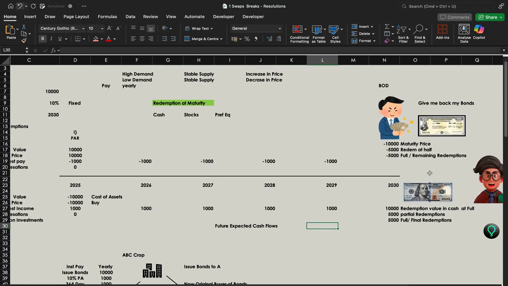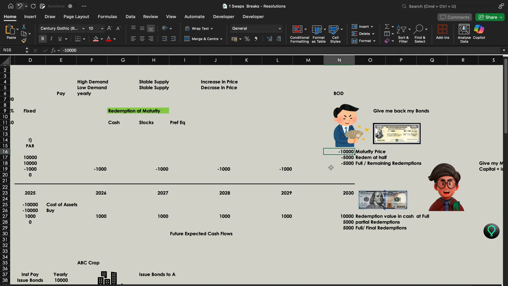And at the time of maturity, the company pays the full amount, 10,000, in cash and buys the bonds back. At the time of maturity, technically what happens, guys? The company buys the bond back by paying the maturity value and dues interest payment.